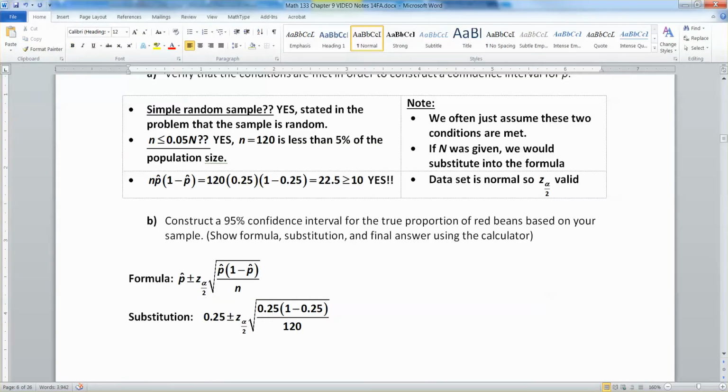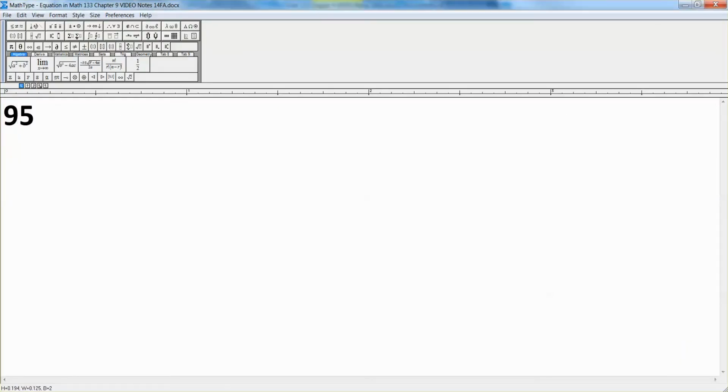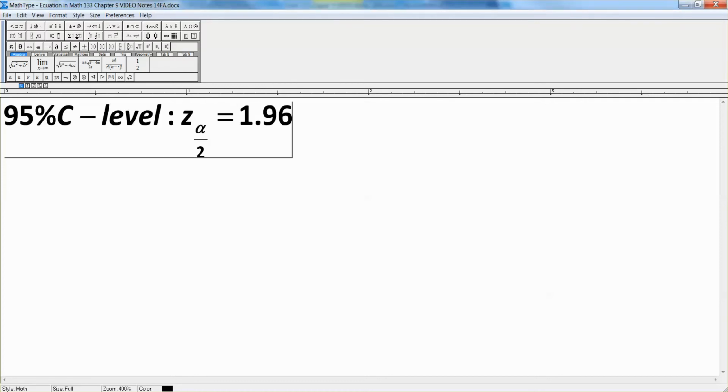The z was, because it's a 95% confidence level, see right here, 95%. Because of that, we know that z alpha over 2 is equal to 1.96.